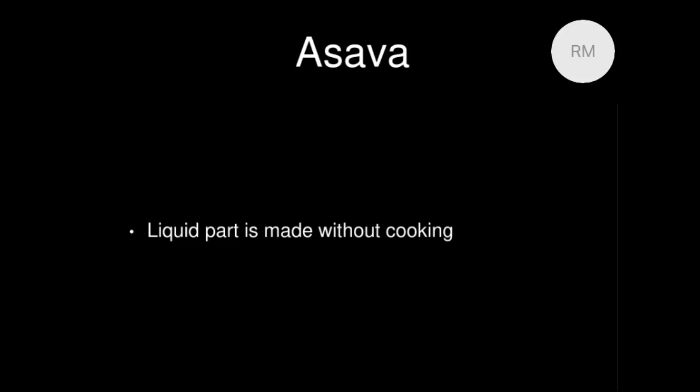So this is a completely non-heat based procedure. When you do it that way, the resultant medicated wine is called an asava. And now you would have guessed what an arishta is.